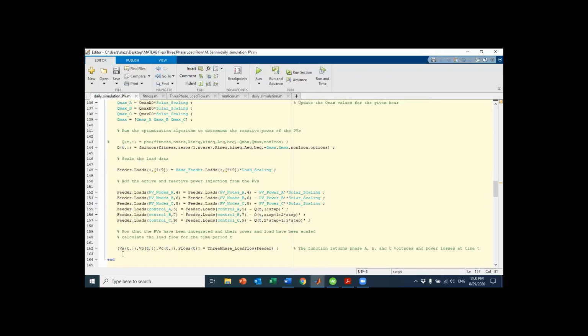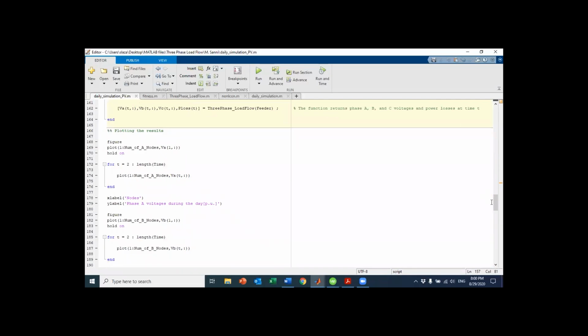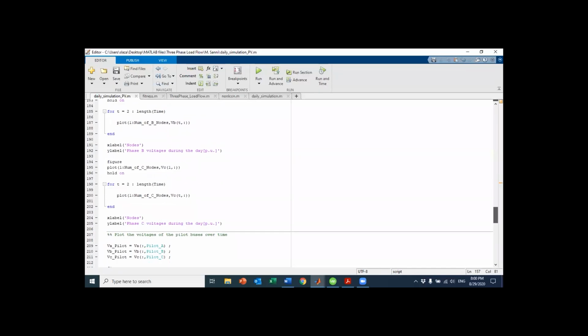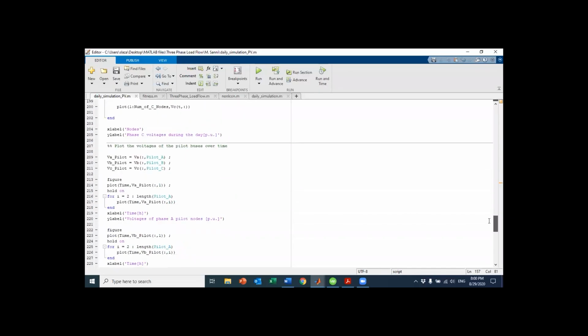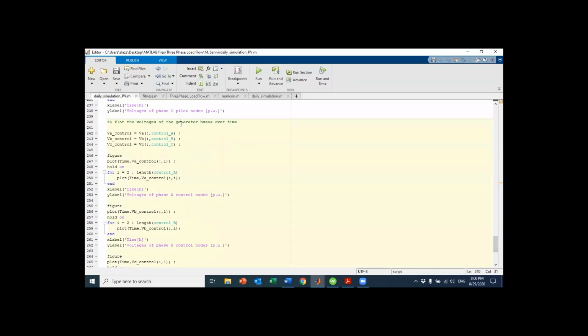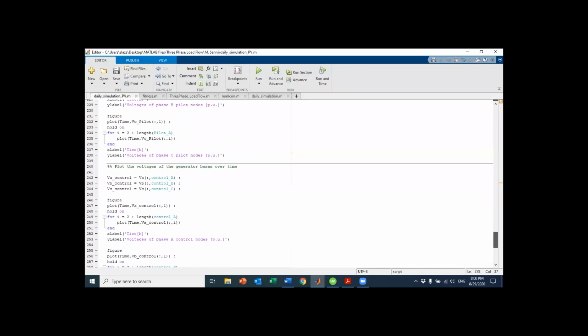After that, we have the load flow for a full day with the optimized results. Then we just plot the results. We plot the phase voltages in the system, the voltages of the pilot buses over time, and the changes of the voltages on the generator buses over time. After that, we save the PV data and the data on control and pilot nodes, so we can maybe use it later.